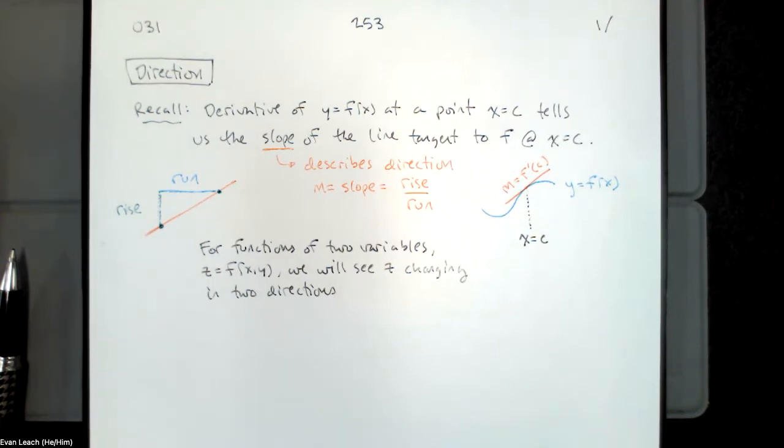It's actually more than two, but we're going to focus on what happens when x changes and what happens when y changes. Because really, we've got 360 degrees around any point in the xy plane that we can pick for a direction.